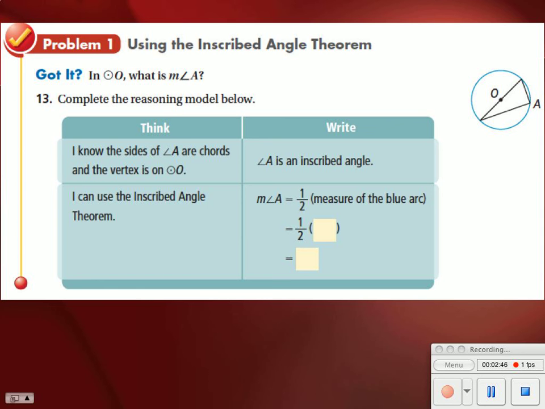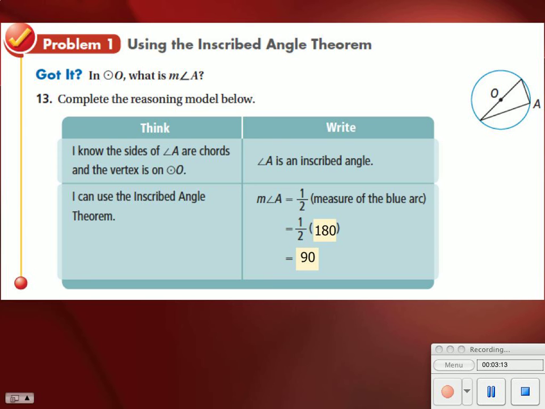And I say hypotenuse because if that's a diameter, that means it's a semicircle, and the total measure of a semicircle is 180, and 1/2 of 180 is, of course, 90, which makes this a right triangle. So definitely, the diameter is the hypotenuse of that right triangle.